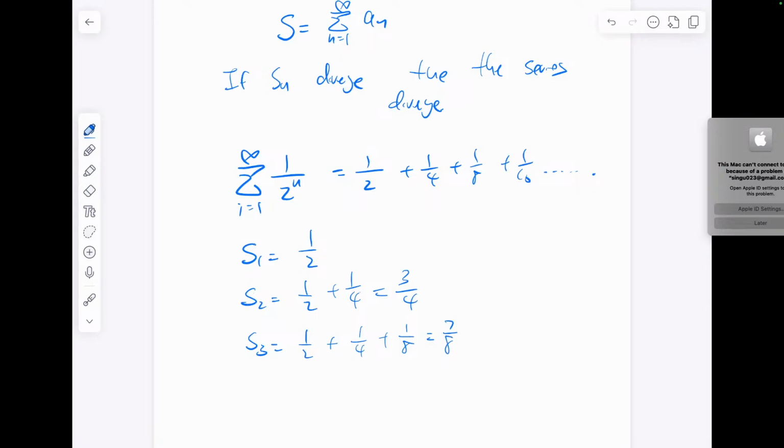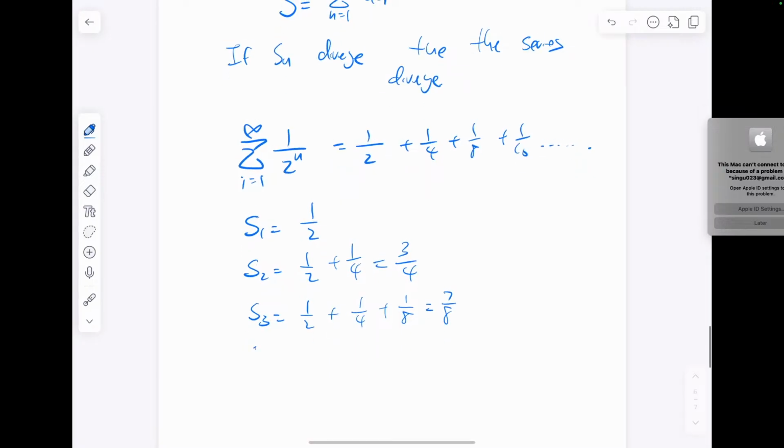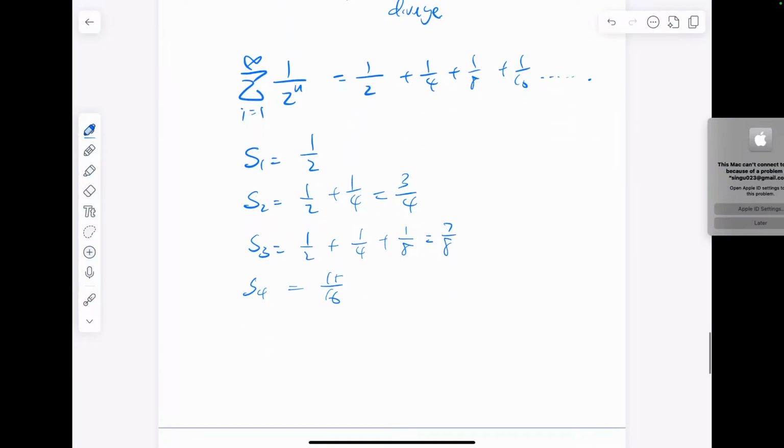Do you guys see the pattern? S_4 is probably equal to what? 15 over 16. So can you write down S_n here? What will S_n be equal to? Can you find a pattern?